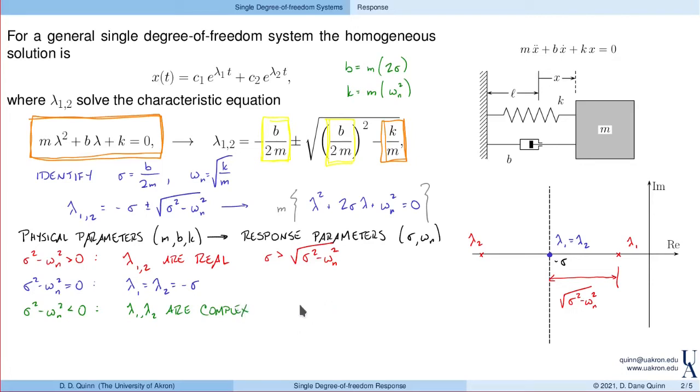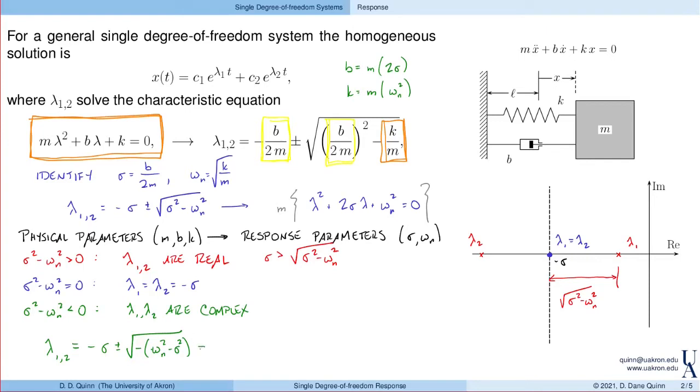To make our lives a little bit easier, if this quantity is negative, then we'll write lambda 1 and lambda 2 as minus sigma, plus or minus, and then we'll flip this. So it's omega n squared minus sigma squared, so that this quantity is positive, and the fact that this overall quantity is negative is now explicit.